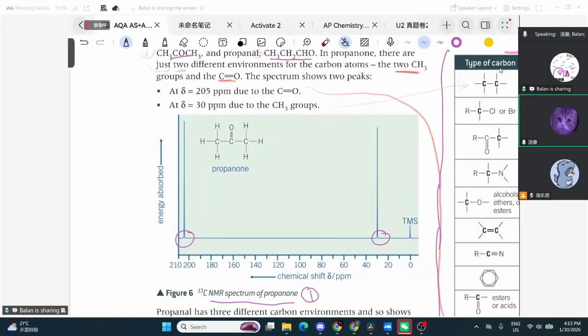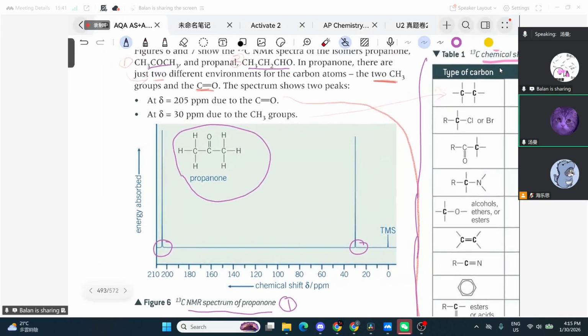And relate the 2 peaks to the displayed formula of propanone, and you can find out why it has 2 peaks. There are 2 types of carbon. The two CH3 carbons are in a similar environment, so they give the same peak. And the carbon atom bonded to oxygen is a different environment, so it gives another peak.